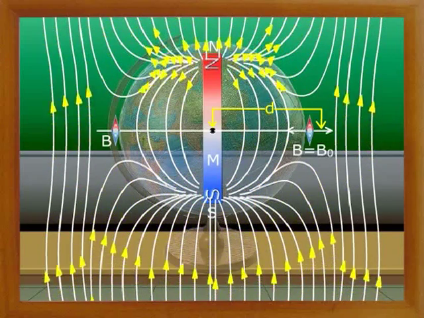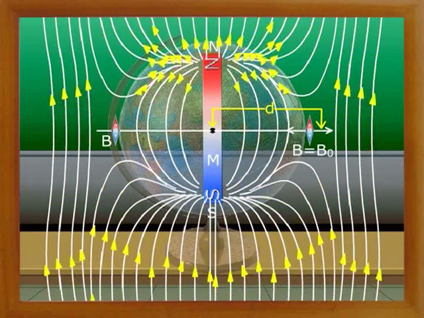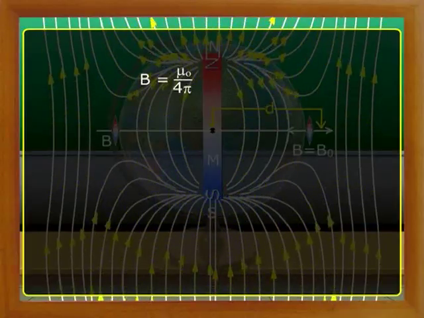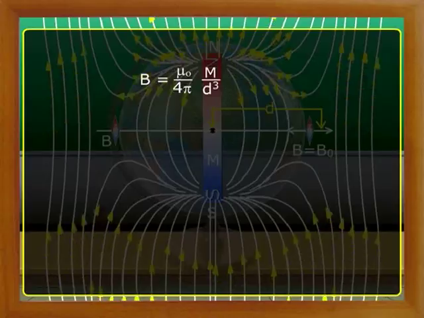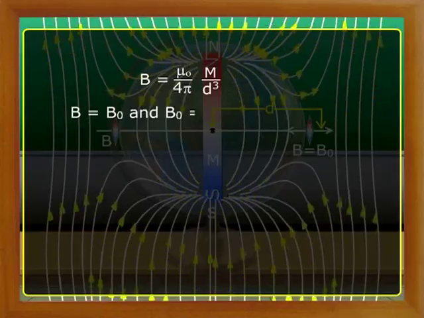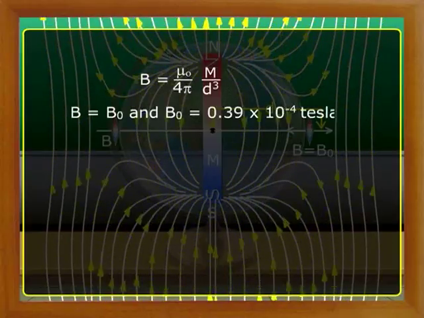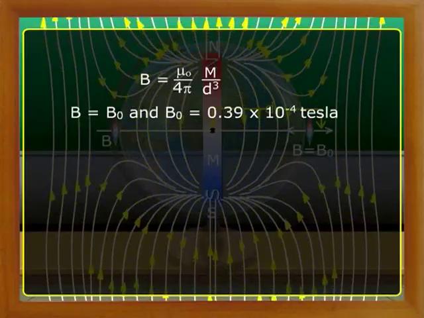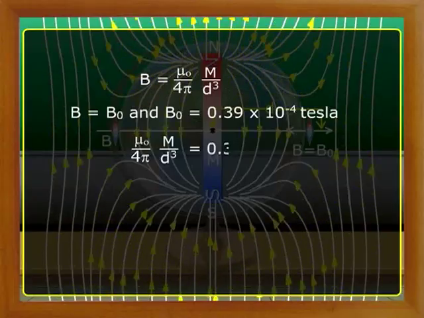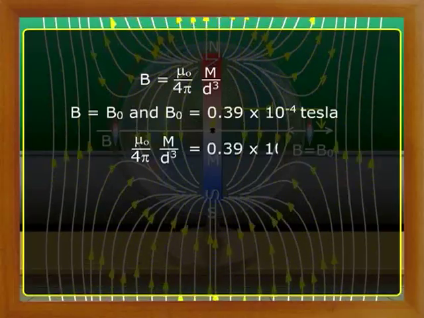We already know that the magnetic induction along the equatorial line B is equal to mu 0 by 4 pi, M by d cube. Since B is equal to B0 and B0 is equal to 0.39 multiplied by 10 to the power minus 4 Tesla, we have mu 0 by 4 pi, M by d cube is equal to 0.39 multiplied by 10 to the power minus 4.